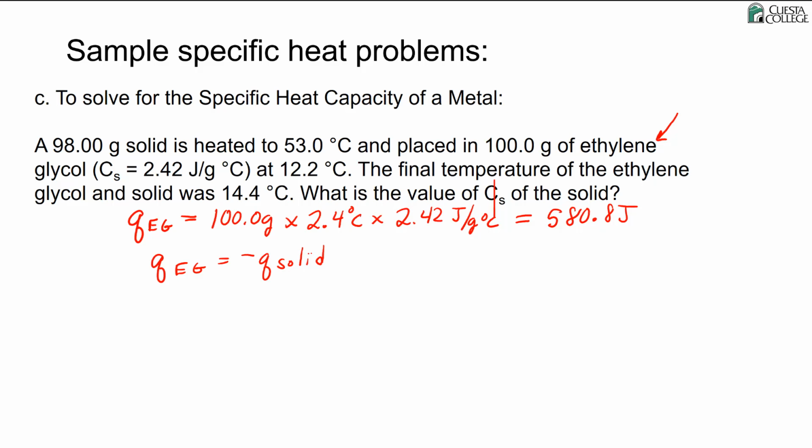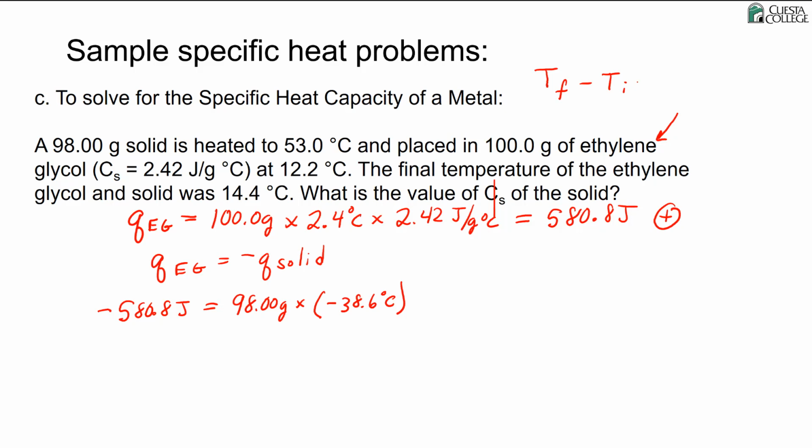Since the ethylene glycol energy was positive, we know that the Q value for the solid is going to be negative. We know that negative 580.8 joules of energy is going to be equal to the mass of the solid that's being added times the delta T. Remember, delta T is T final minus T initial.